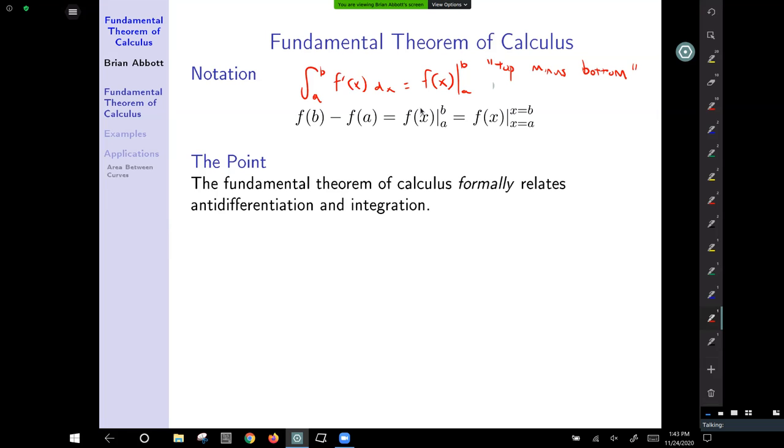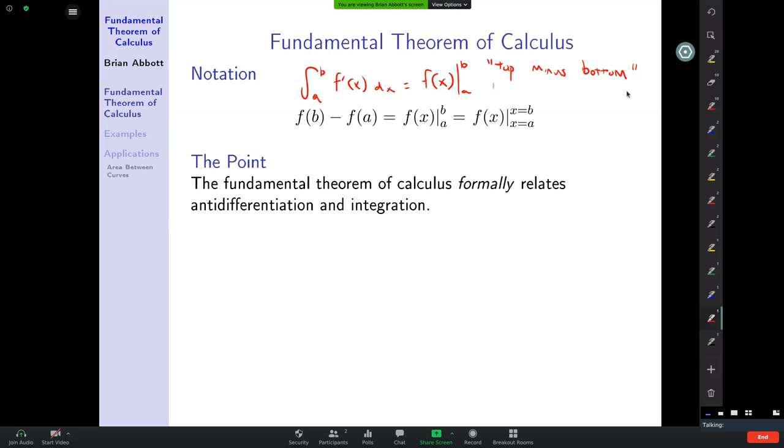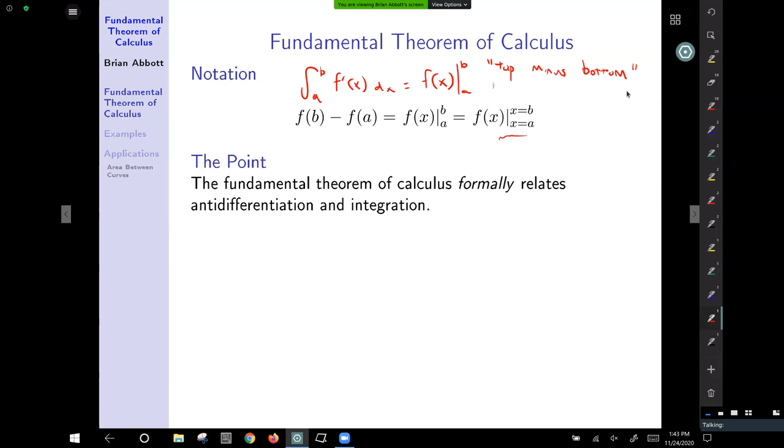And sometimes, in particular in multivariable calc, you'll see a little extra clarification as to what variable is being evaluated. But since there's really only one variable here, we oftentimes omit that, and this is what you're going to see as more common notation. So the point of the fundamental theorem of calculus is it formally relates the idea that we've had of anti-differentiation and integration.